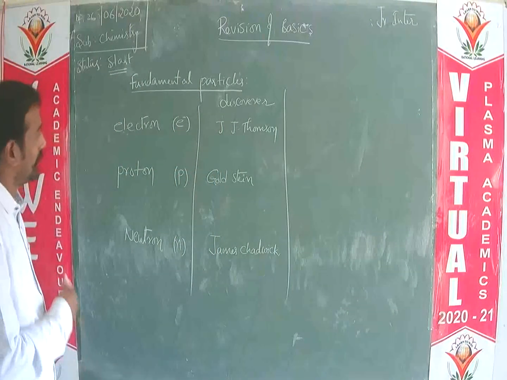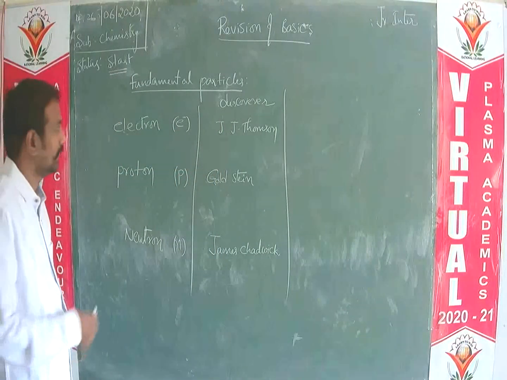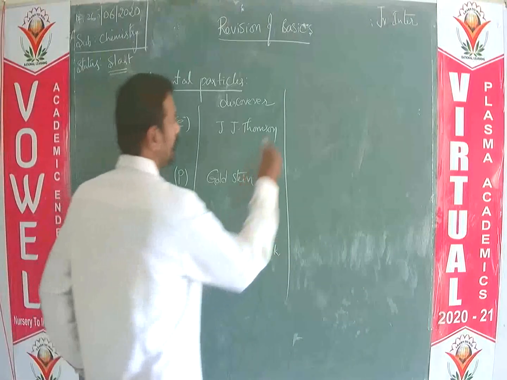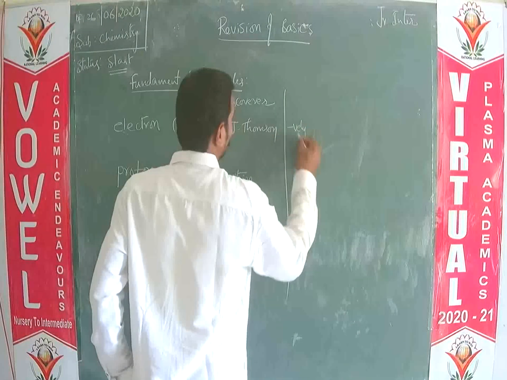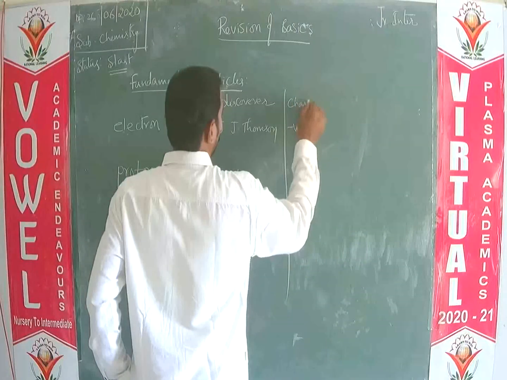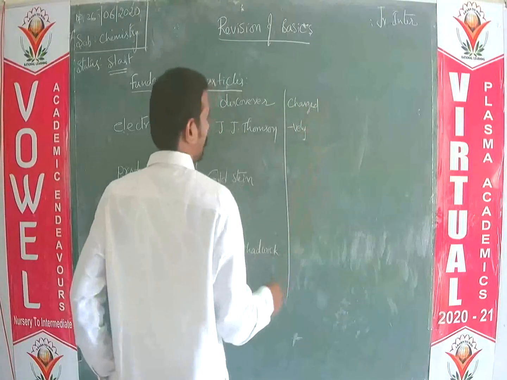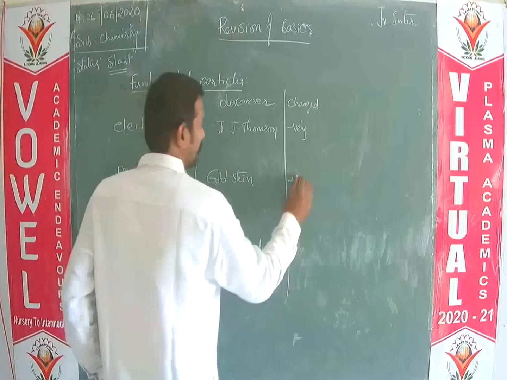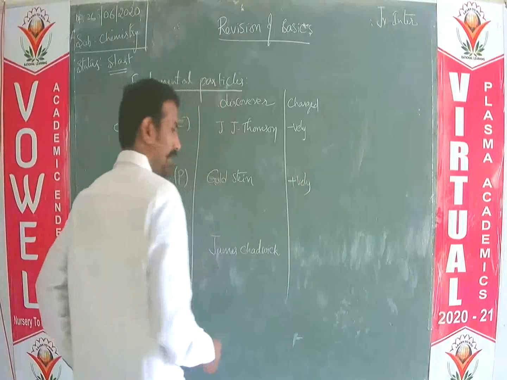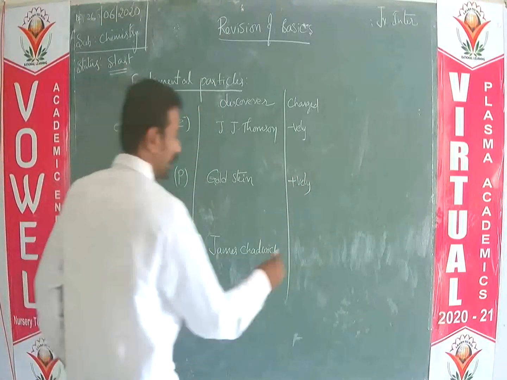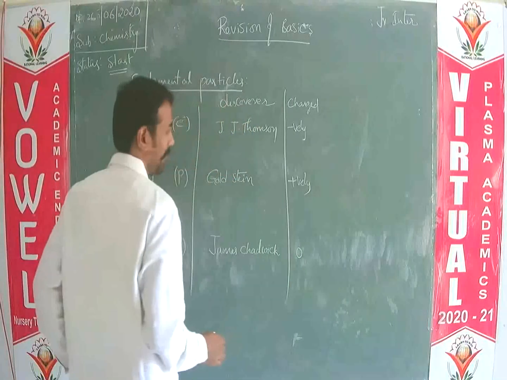Next, the properties of electron. Electron is generally a negatively charged particle. Proton is positively charged, whereas a neutron is neutral in nature, meaning it is a chargeless particle.